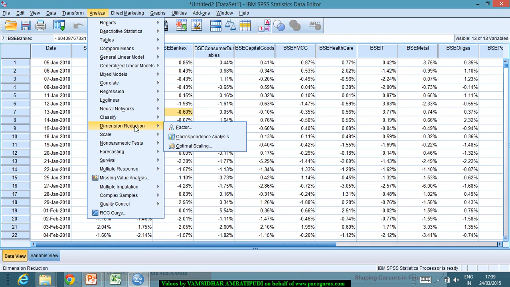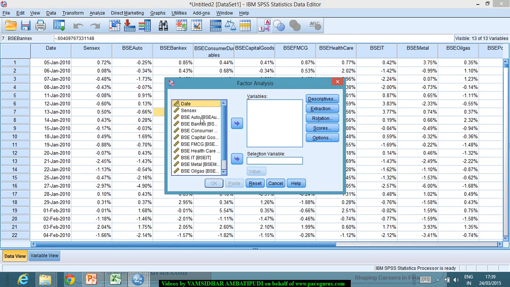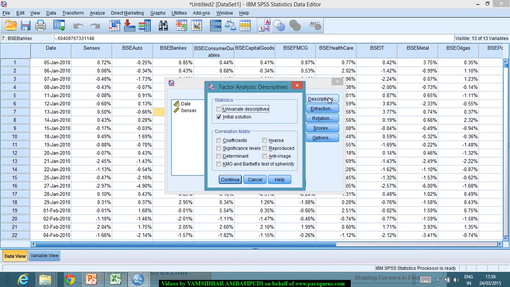I'll go into this dimension reduction called factor analysis, wherein I would include all these so-called independent variables as a part of factor. And here I would look out for KMO and Bartlett test, which talks about the applicability or the effectiveness of the factor analysis for the model.